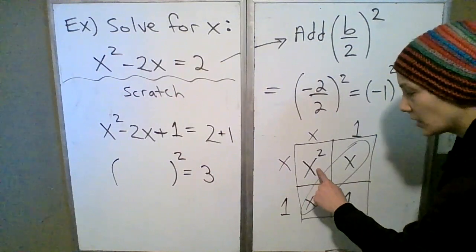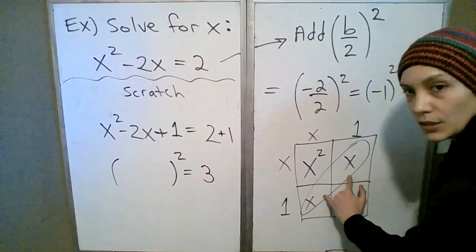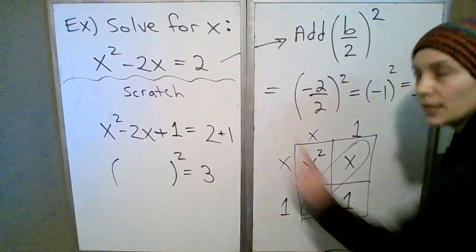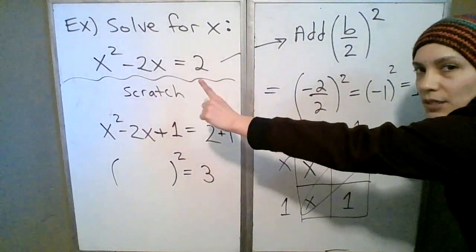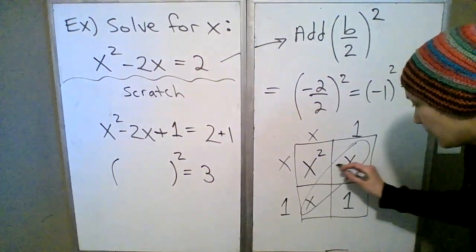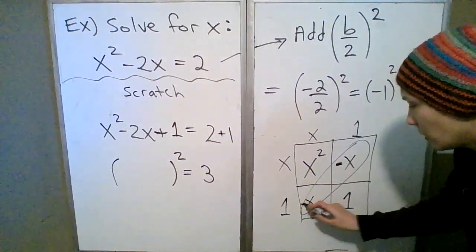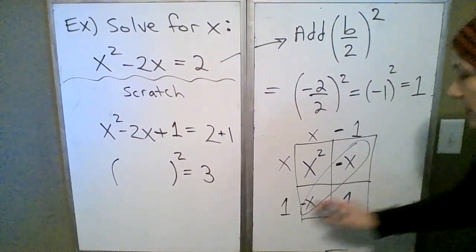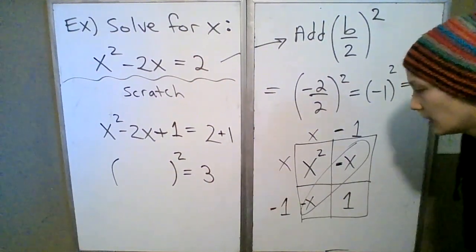So right now I've got x squared with 2x plus 1. But I'm trying to factor x squared minus 2x plus 1. So this needs to be a negative. I would make that 1 right there negative, and this one's negative.